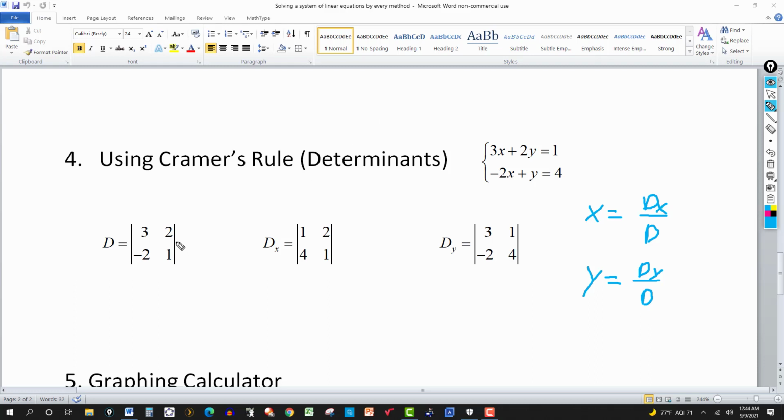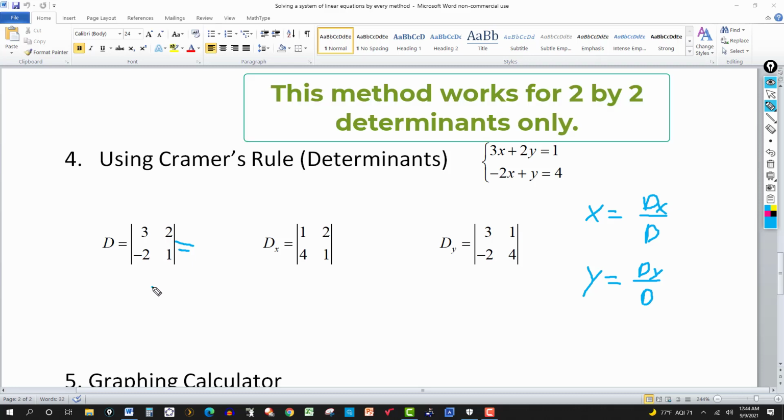But how do we evaluate a determinant? Basically we just cross multiply here and here, and then subtract. So here's the way it works. 3 times 1, subtract, and then this product, negative 2 times 2.